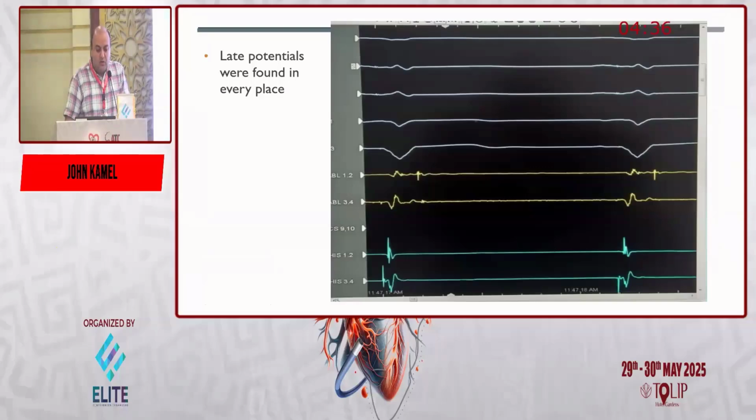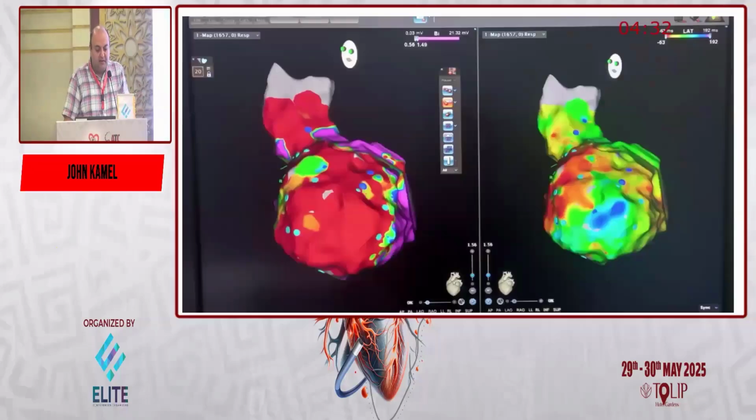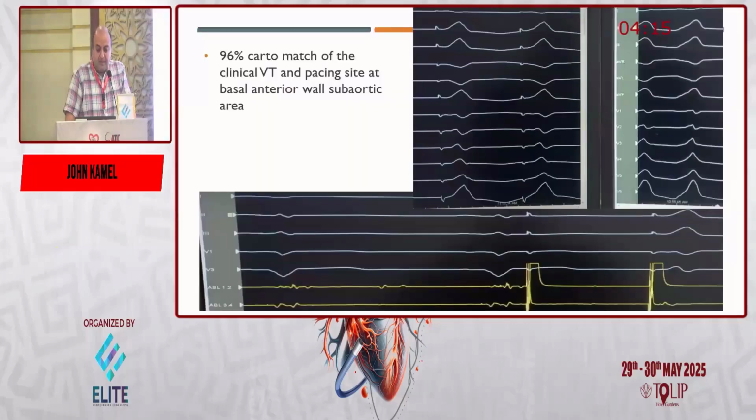So I recorded all the map. Late potentials were found in every place. As you can see here, the 3D image of the voltage map of the patient. It was a nice map actually. I recorded late potentials in every edge of the scar. So in every edge of the scar, I was doing a CARTO match for the clinical VT.